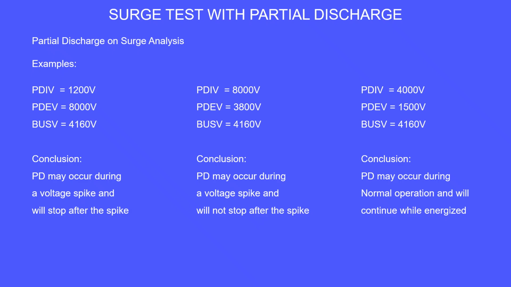Bus volts equals 4160 volts. Conclusion: PD may occur during a voltage spike and will not stop after the spike. PDIV equals 4000 volts. PDEV equals 1500 volts. Bus volts equals 4160 volts. Conclusion: PD may occur during normal operation and will continue while energized.